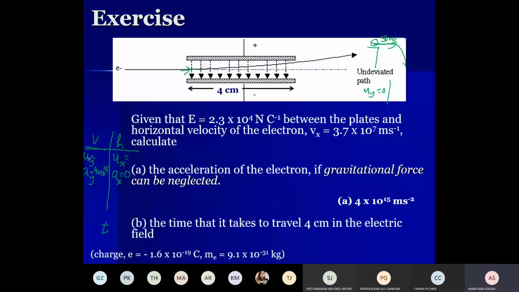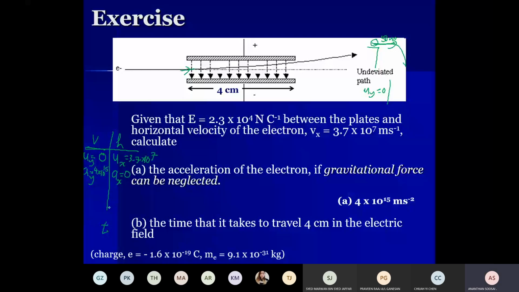Same thing goes for the electron, because it is launched horizontally. So here UY will be 0. UX will be exactly the same as it was launched, 3.7 times 10 to the power of 7. Okay, you want to find time. Not enough. You need 3 pieces of information. So what else you know? Anyone?